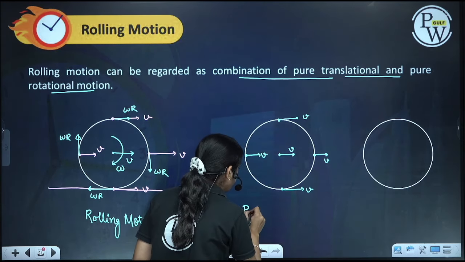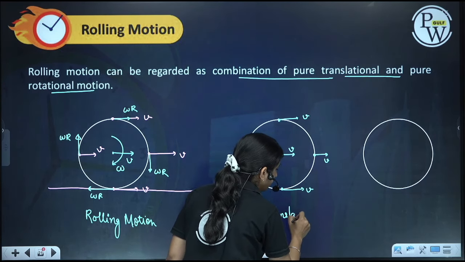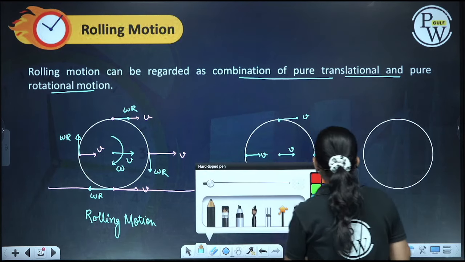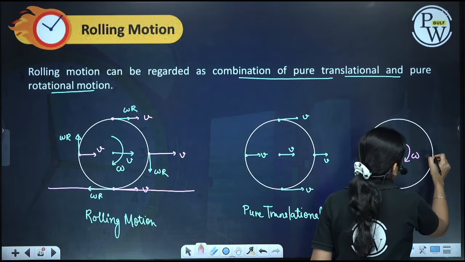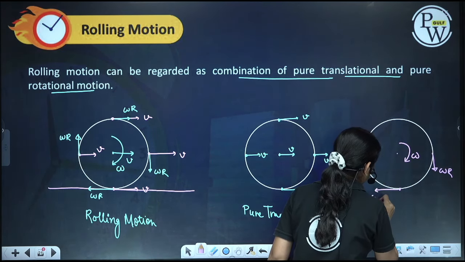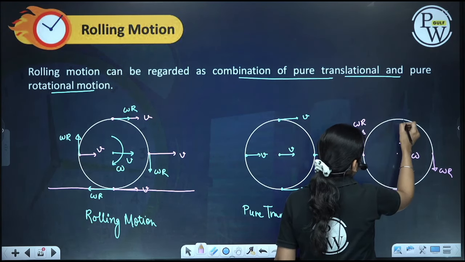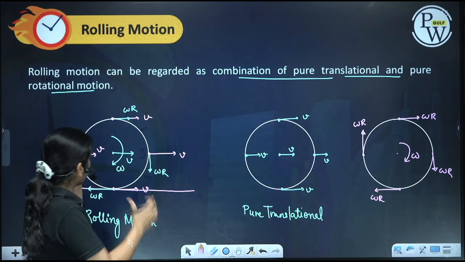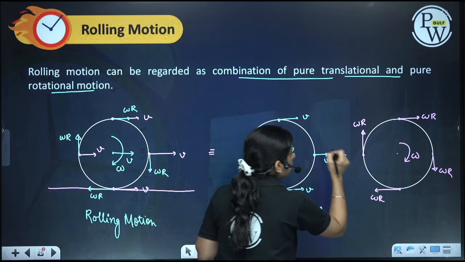This is the pure translational motion, and the other one in which it is rotating with angular velocity omega, so it will have tangential velocities omega r like this.